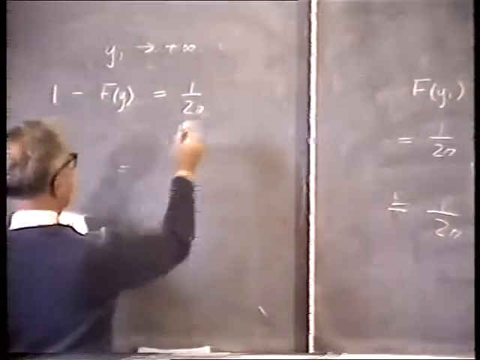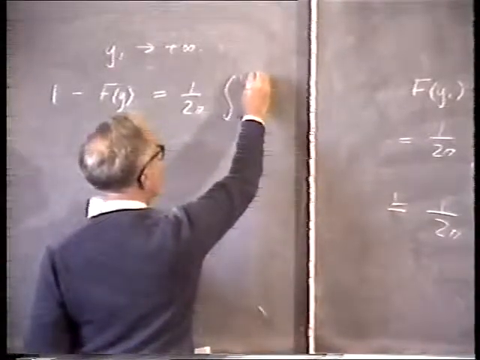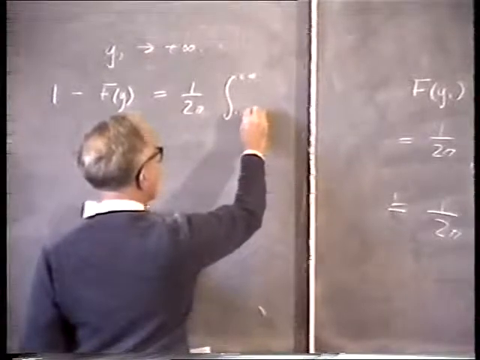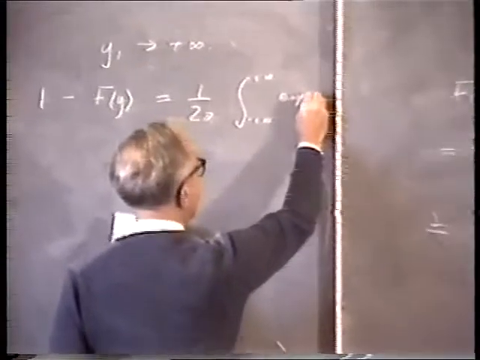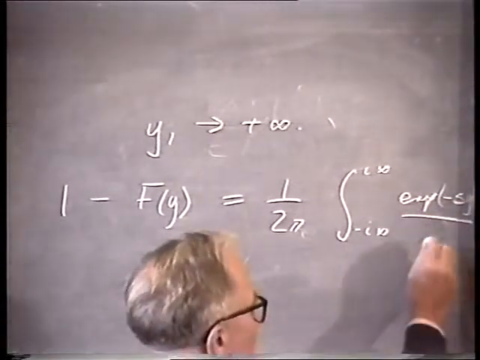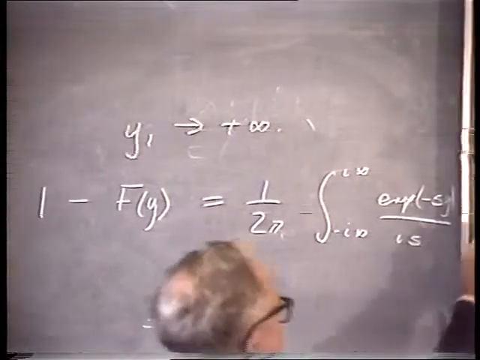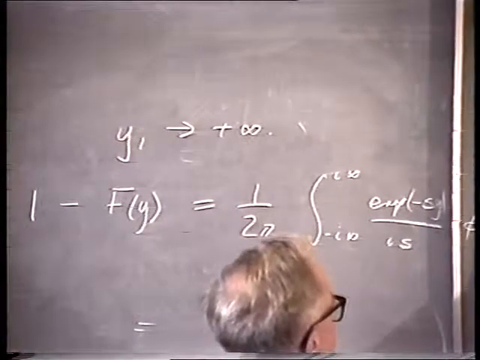So one finds oneself with a formula: 1 upon 2 pi i, the integral from minus infinity i to infinity i of exp(minus sy) over is, times phi(s) ds.